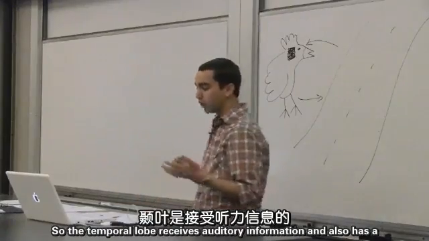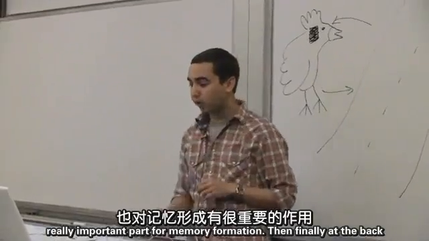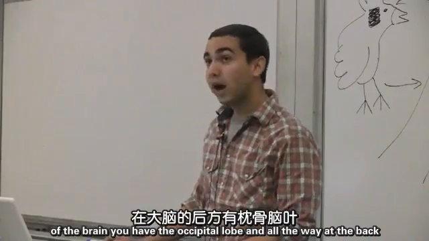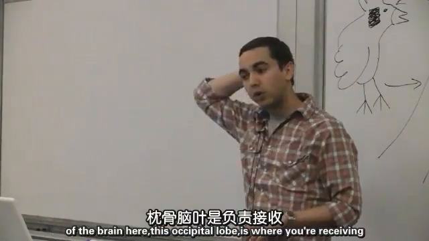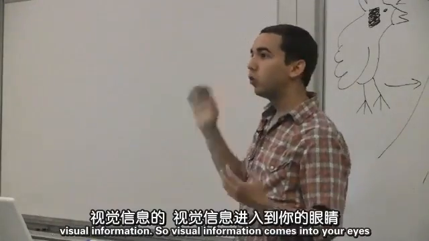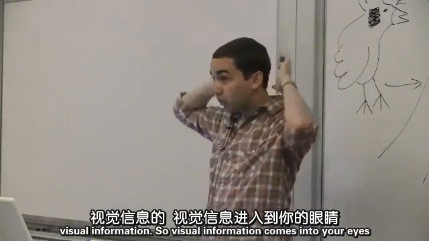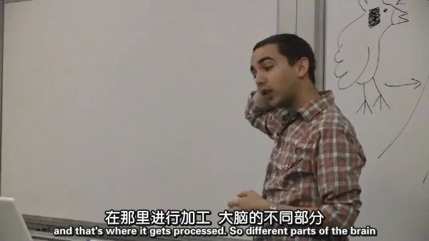So the temporal lobe receives auditory information and also has a really important part for memory formation. Then finally, at the back of the brain, you have the occipital lobe. And all the way at the back of the brain here, this occipital lobe, is where you're receiving visual information. So visual information comes into your eyes, travels all the way to the back of the brain, to the occipital lobe, and that's where it gets processed.